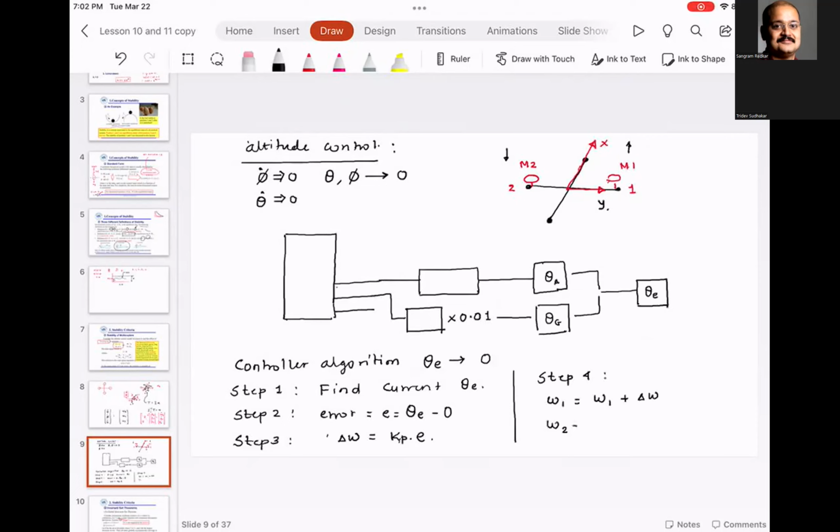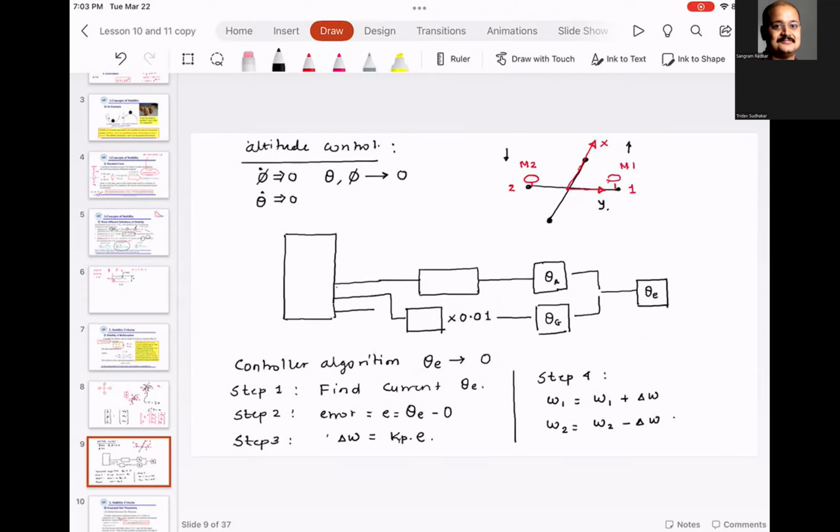Omega 2 is equal to omega 2 minus delta omega. Are you with me? That is the pitch stabilization inner loop.